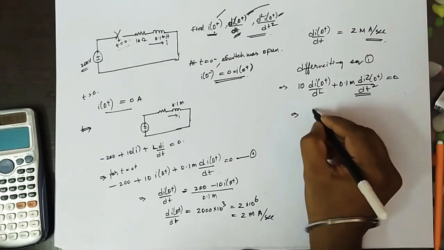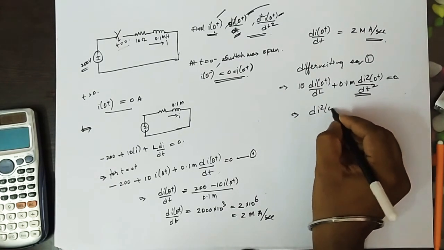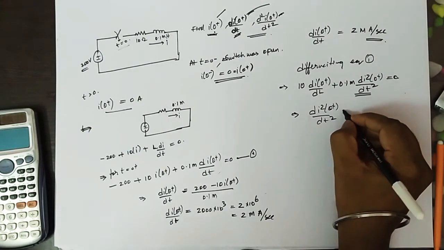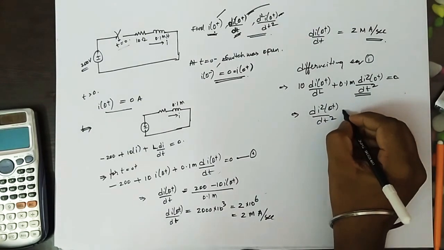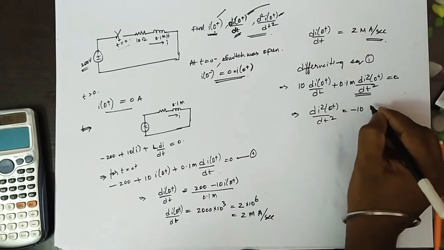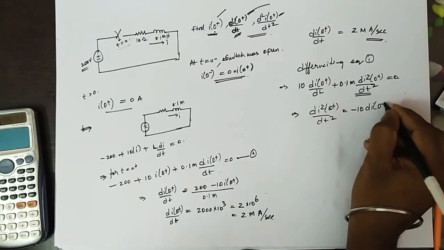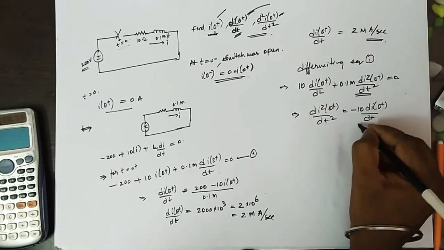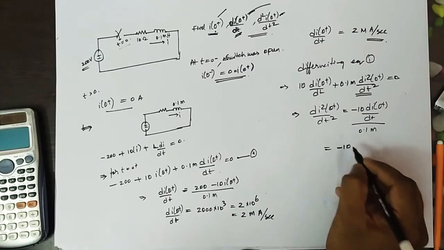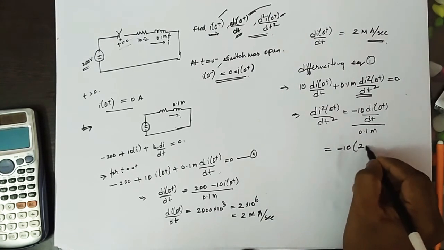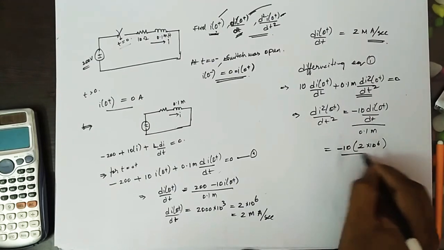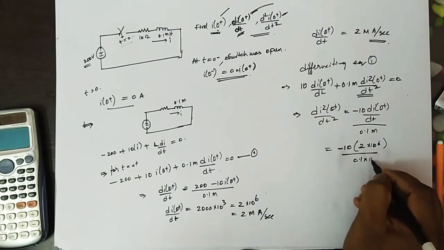So transfer those elements to that side. d square i by dt square equals minus 10 di of 0 plus by dt divided by 0.1 milli. Then substitute di of 0 plus by dt, that is 2 into 10 power 6, over 0.1 into 10 power minus 3.